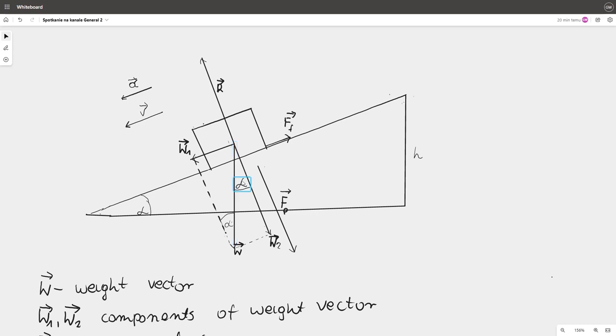This angle is equal 90 degrees minus this angle, so this angle is equal alpha. We can calculate sine and cosine of alpha from this triangle.